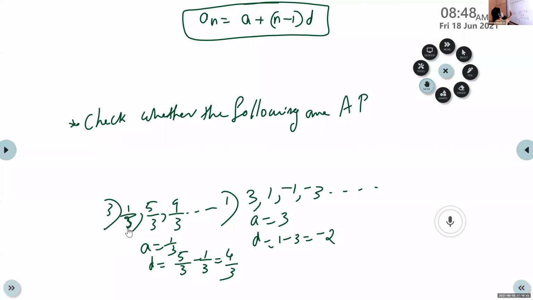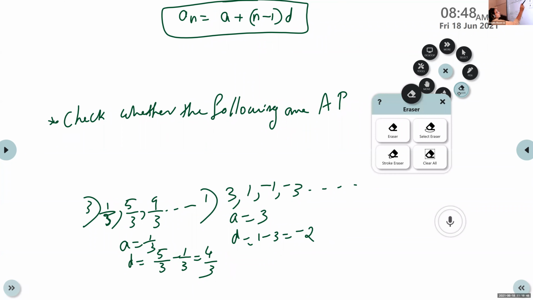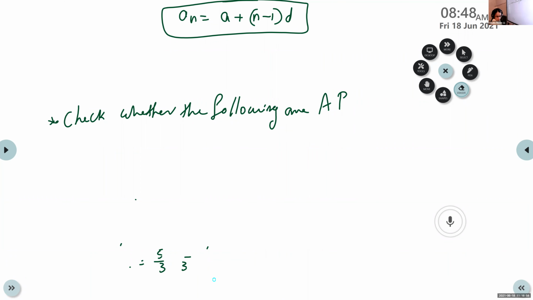Now, next one. Check whether the following are AP, and if so, find the common difference and write its next three terms.